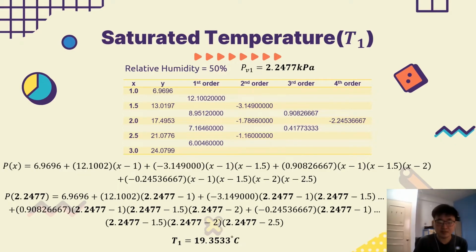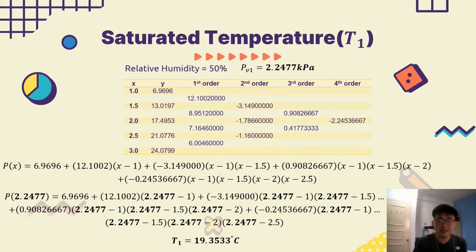For example, 6.9696 plus 12.1002 times (x minus 1), plus negative 3.149 times (x minus 1)(x minus 1.5), and we continue until we get the full formula.